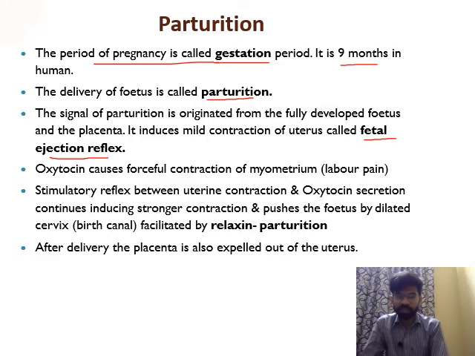And oxytocin is a hormone. Oxytocin will lead to forceful, rapid contraction. It is known as labor pain, and the uterus starts to contract rapidly, with stronger contractions, and these stronger contractions will push the fetus from the uterus towards the outside.